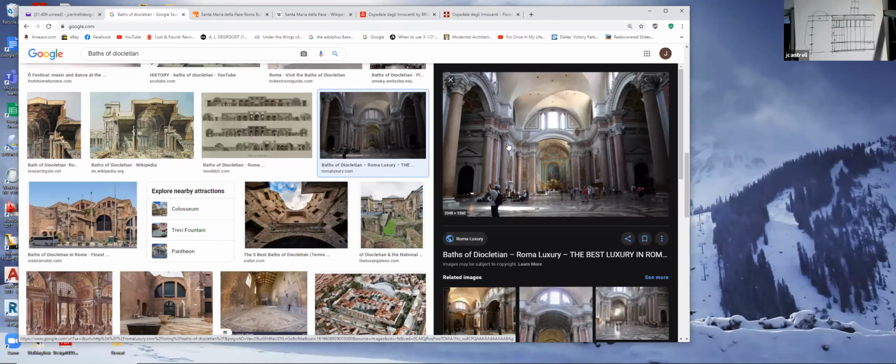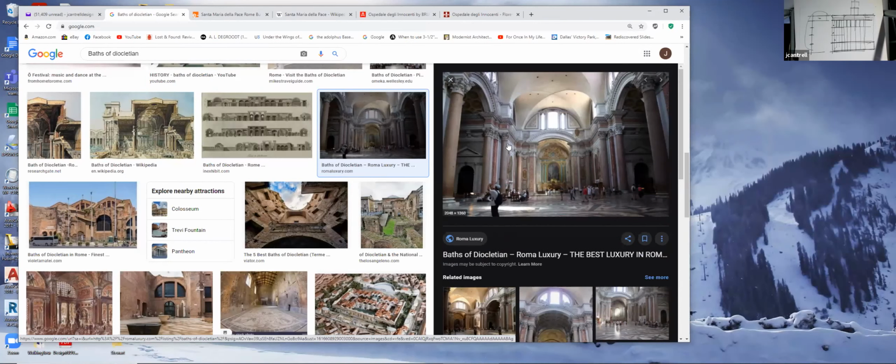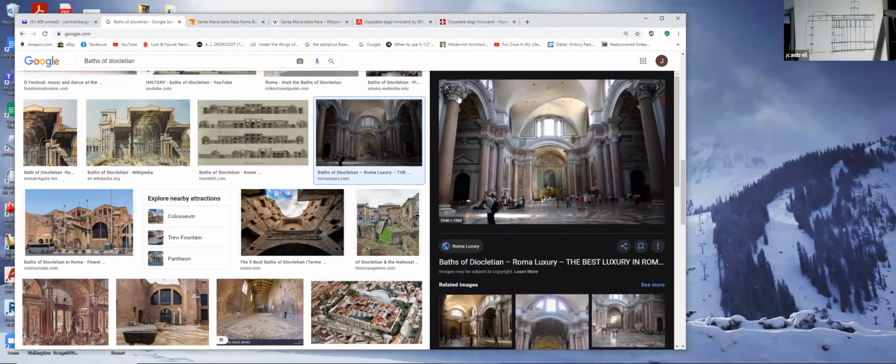What you're looking at is kind of a contradiction, because in the beginning of my lecture several months ago, I talked about the fact that the composite order, which is a mixture of Ionic and Corinthian, wasn't introduced until the Renaissance. But if you look at reconstruction drawings of some of these ancient baths, they probably did have the composite order.